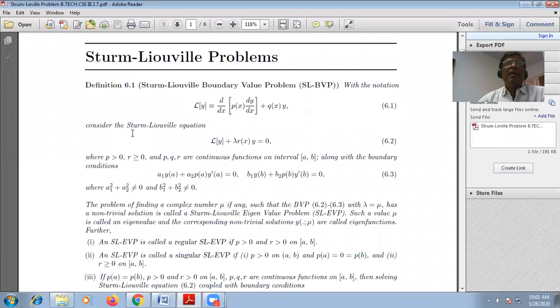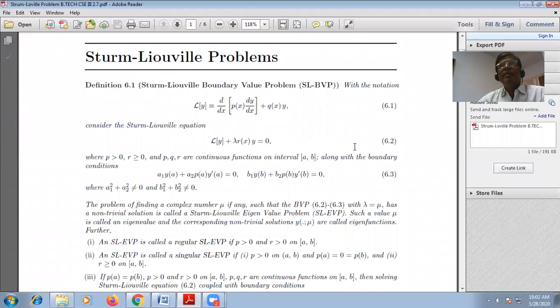Consider the Sturm-Liouville equation Ly + lambda r(x) y = 0. This is another equation. We have considered the Sturm-Liouville equation as Ly + lambda r(x) y = 0.